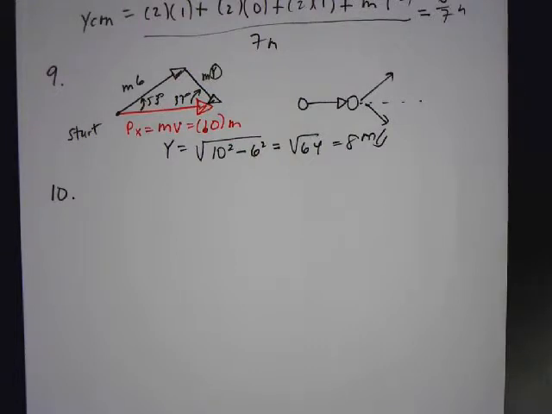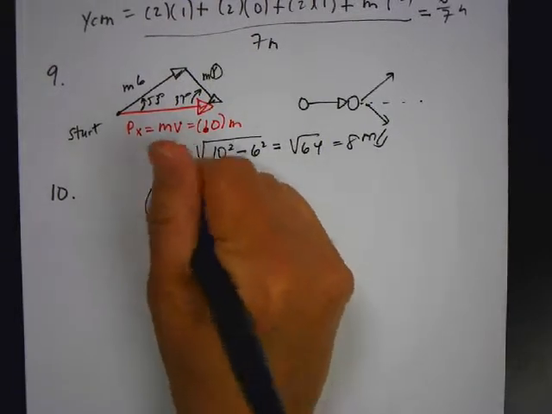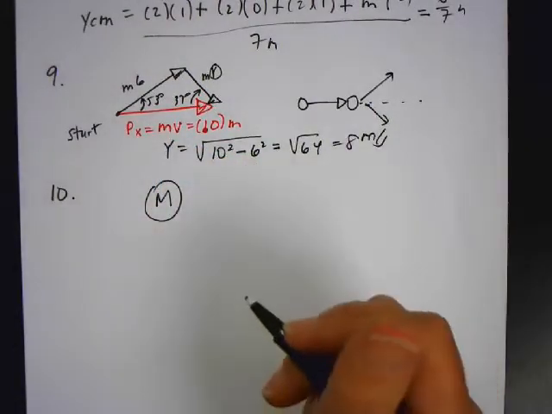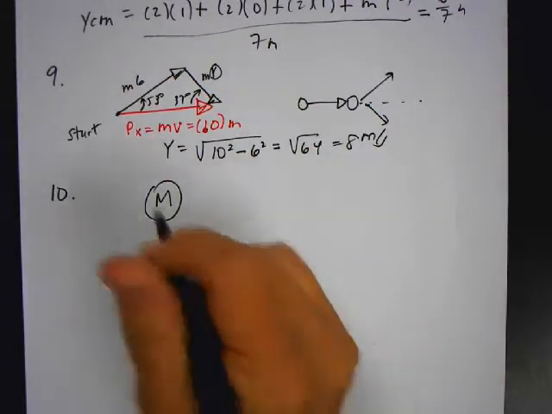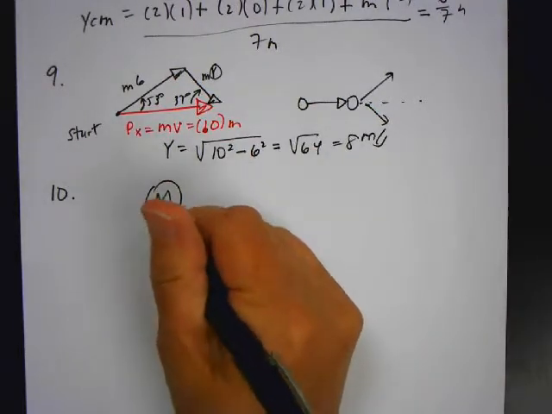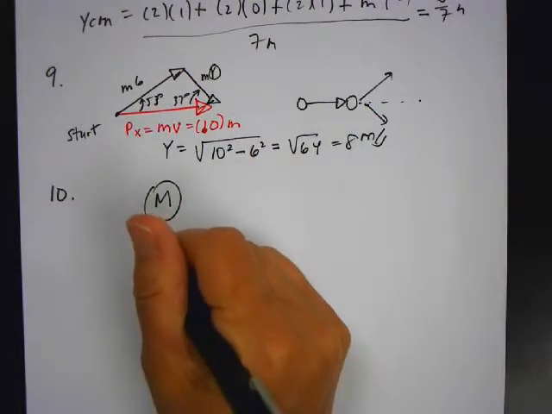This one has a lot of verbiage in it. It might help to conceptually draw a picture and say, okay, here's the balloon M, and there's a person with less than M on the ladder hanging from the balloon. So you just know that little m is less.